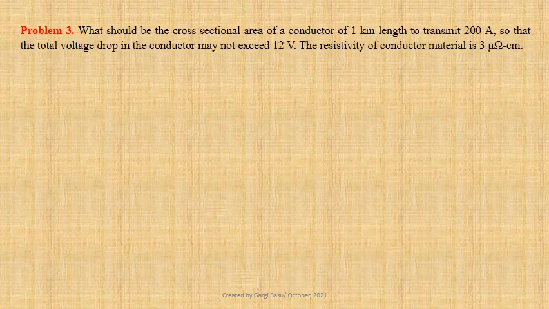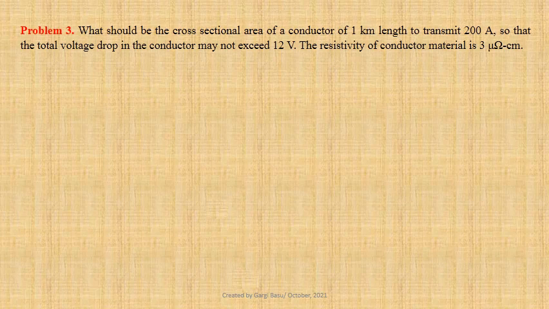We have to determine the cross-sectional area of a conductor of 1 kilometer length to transmit 200 ampere so that the total voltage drop in the conductor may not exceed 12 volts.